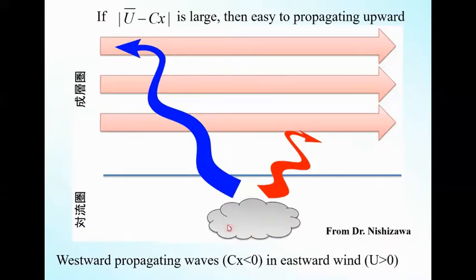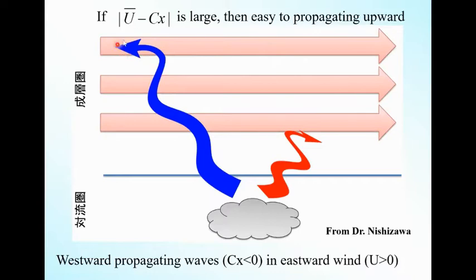Here in the stratosphere, the wind is eastward, the red wind. According to theory, waves whose horizontal velocity is opposite to the background zonal wind can propagate upward easily. So under the westerly, eastward wind, the westward waves can propagate more easily to the upper stratosphere.